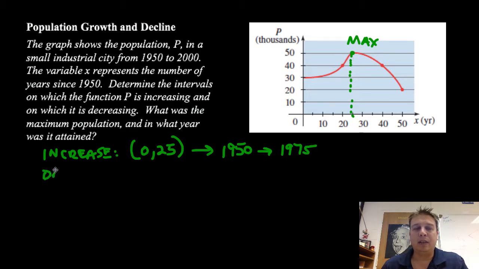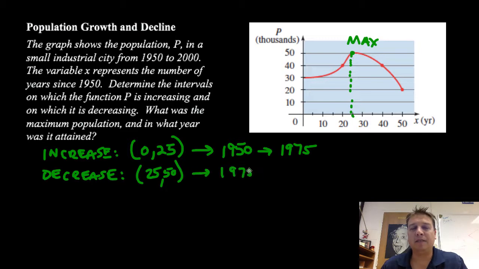We had a decrease, according to this graph that we have here, from year 25 all the way up to year 50. So what does that mean in reality? That from 1975 to the year 2000, there was a population decrease. All right, so how could this even be useful?